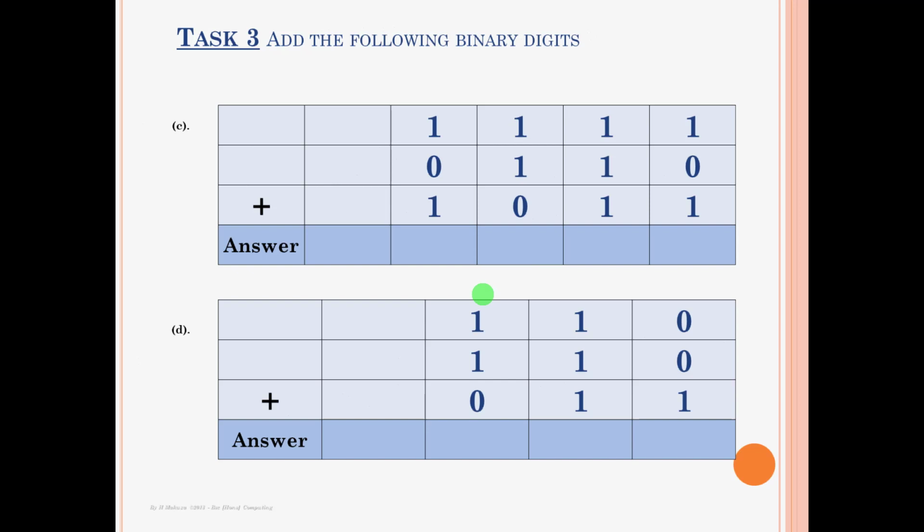Task 3 again, we have C and D. So again, you may pause the video. 1111 plus 0110. How do you add that? And this number as well, a much shorter number. Now I'm going to show you the answers in a minute.